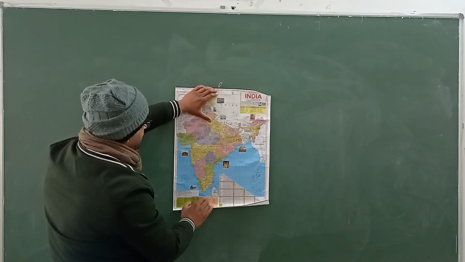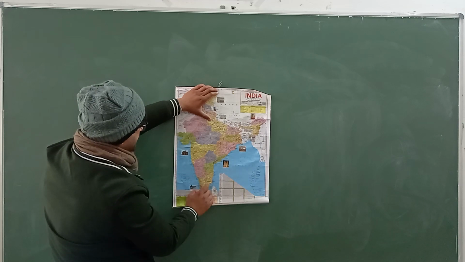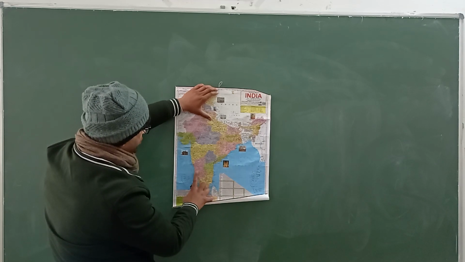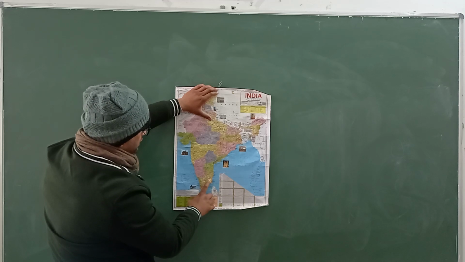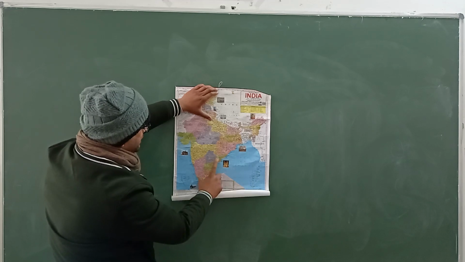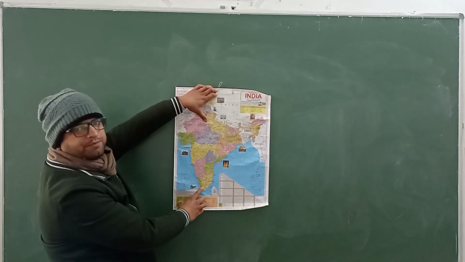And the coastline of India, which is huge, starts from Gujarat, then Maharashtra, Karnataka, Kerala, Tamil Nadu, followed by Andhra Pradesh, Orissa and West Bengal.